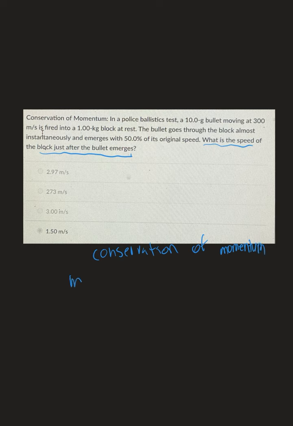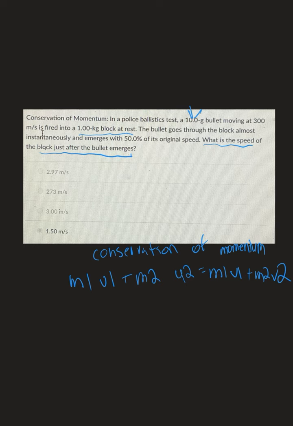We do m1 u1 plus m2 u2 equals m1 v1 plus m2 v2, right? Okay, so we plug in the numbers, right? We have a 10 gram bullet, and we have that one, a block at rest.